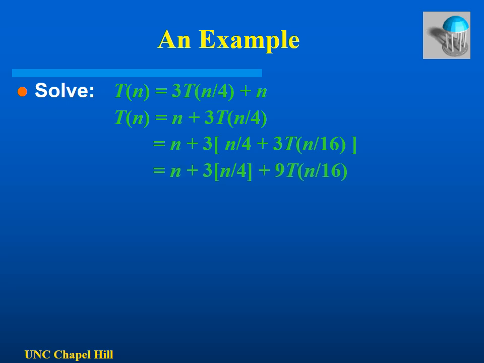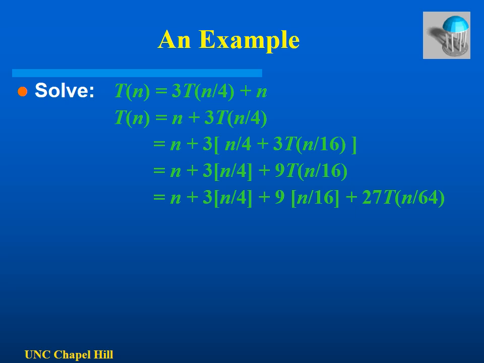And so we get, okay, so I first simplified the previous one, which gives me n plus 3 times n over 4 plus 9T of n over 16. And then when I plug the T of n over 16 formula into the first equation, we put n over 16, and so this becomes n over 64.